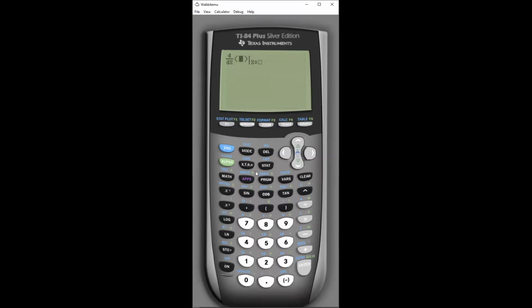In my case, it's x, doesn't matter. 2.38 times e to the power negative 0.02 times x times sine of pi divided by 56 times x, and we have to evaluate at x equals 60. Enter. So the answer is negative 0.036.